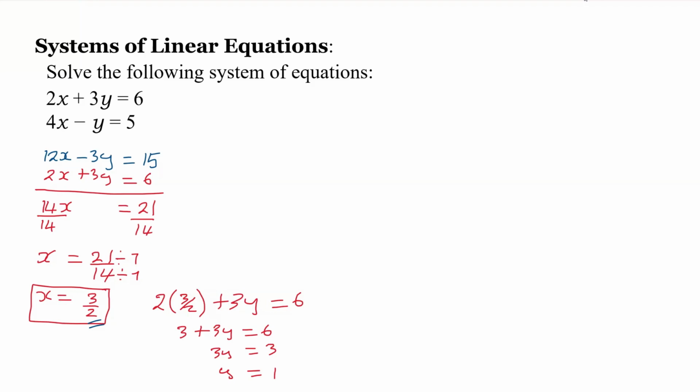But you could also have gone, so let's take the two equations. 2x plus 3y equals 6. And 4x minus y equals 5. So we want to solve for y in this case, so we want to eliminate the x.